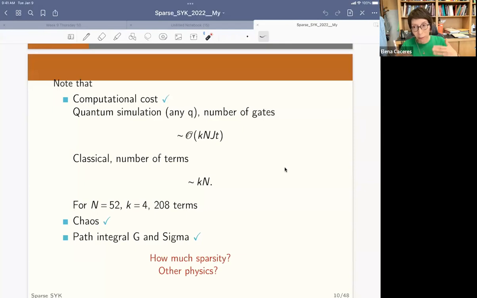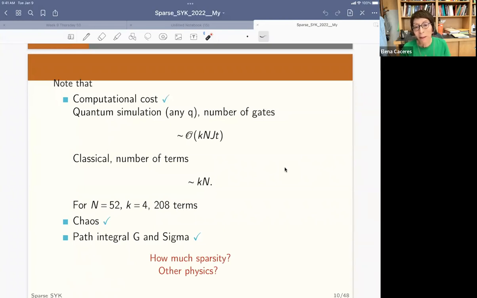Susskind, Swingle and collaborators could show that there was some kind of JT gravity emerging, but there were also some other modes. So it does have a gravity dual, but exactly what it is is not as clear as in the case of the SYK. But my approach is a little bit from the other side: I want to see the black hole physics emerging from the quantum model.